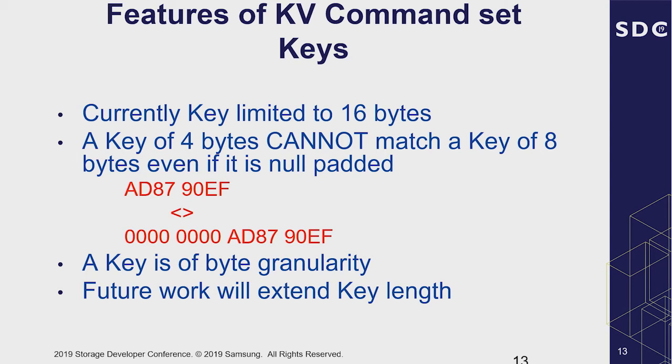Those two are different keys, even though they may numerically look the same, because they're of different length. So we're trying to make certain that people understand that you can't just take those two things and match them up and say, oh, but these are the same even though they're different lengths. Your key length is a part of what determines what the key really is.